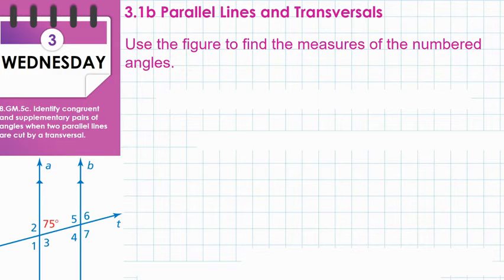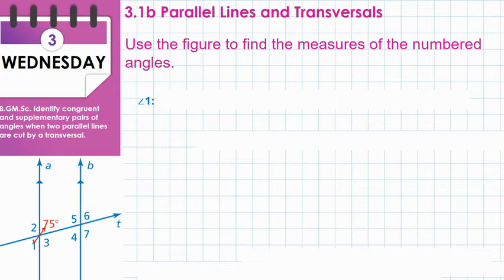Use the figure to find the measures of the numbered angles. So angle 1. If we think back to our vocabulary, angle 1 is directly across from the 75-degree angle through the vertex.